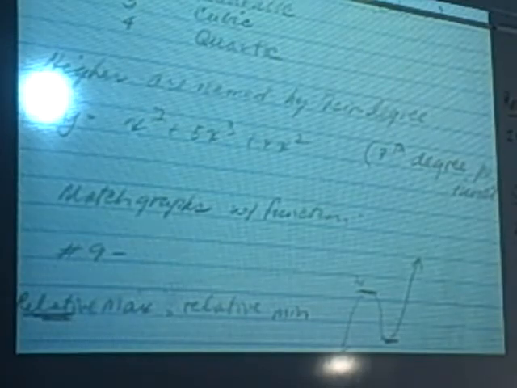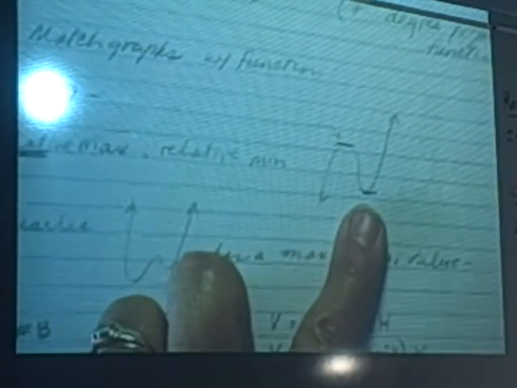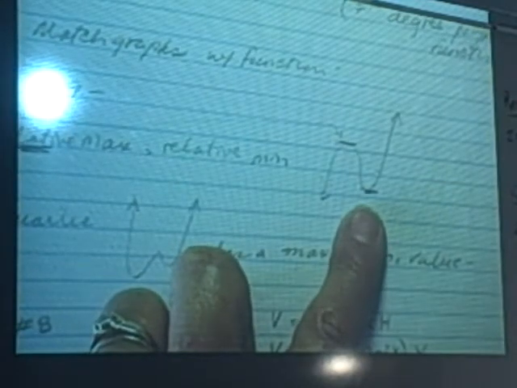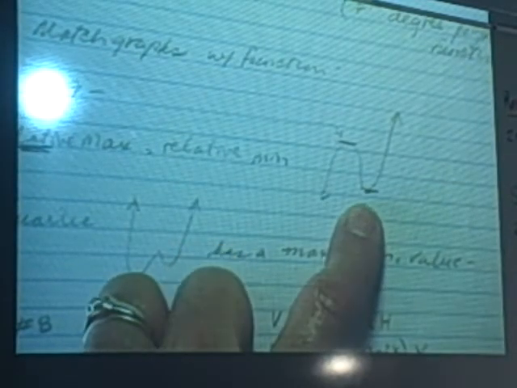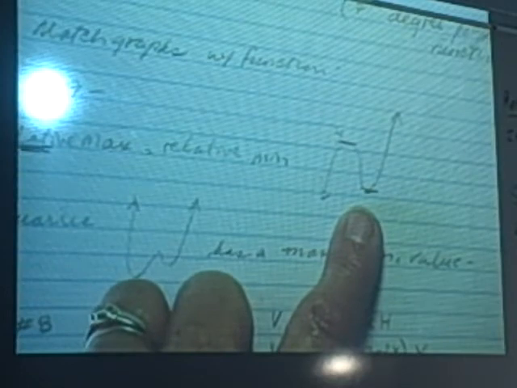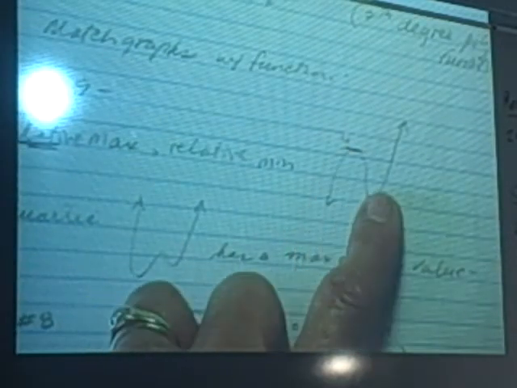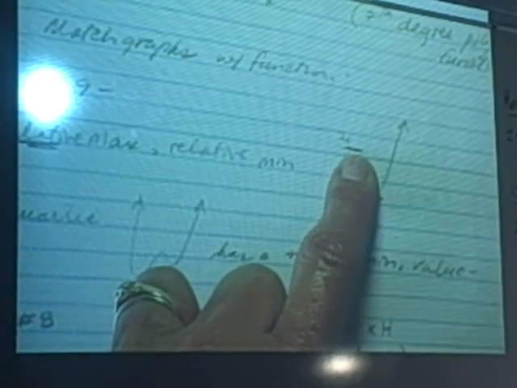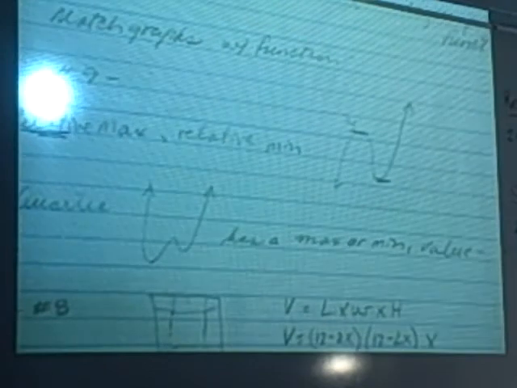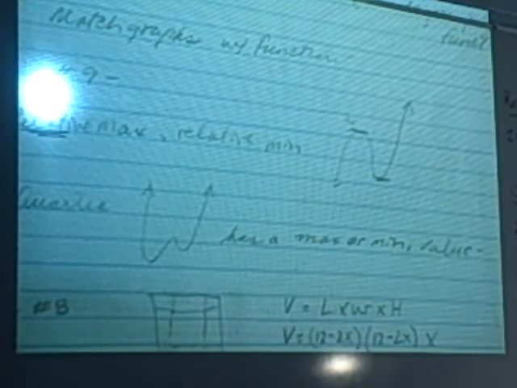Okay? Let me see. Does this have a maximum or a minimum, or a relative max, a relative minimum? It has a relative minimum because I can see that it's going to drop, and I have a relative max because I know it's going to increase. Okay, what would the degree of that graph be?